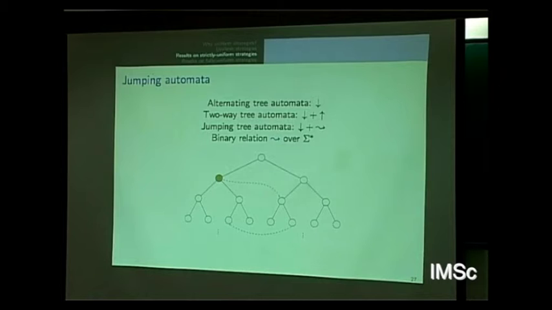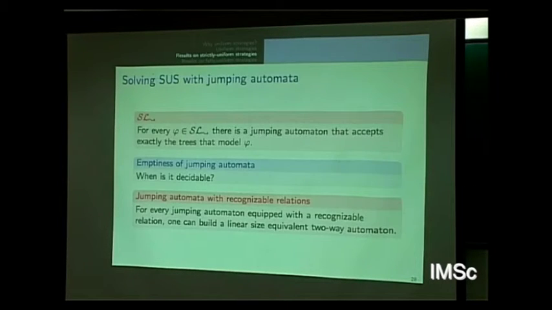So the automaton is equipped with a binary relation on words on the alphabet on which it works. Let's say that the relation that equips the automaton gives these links in this particular input tree. So the automaton can send a copy of itself here, and then continue, and then send a copy of itself there, and continue.